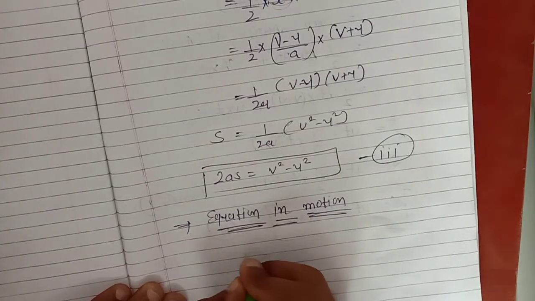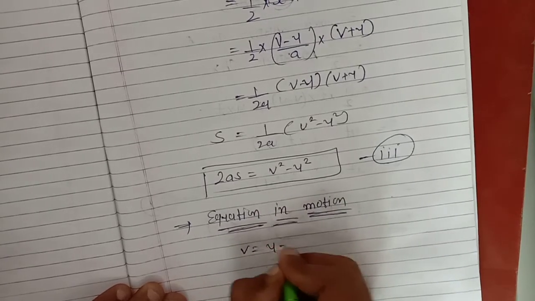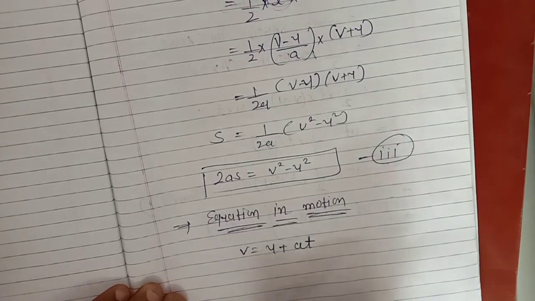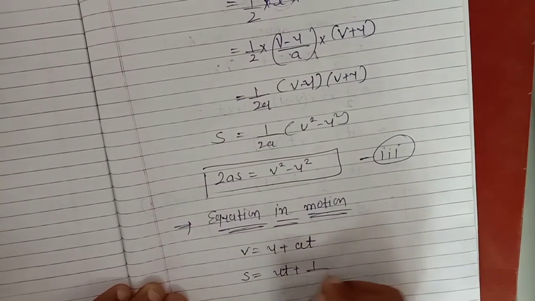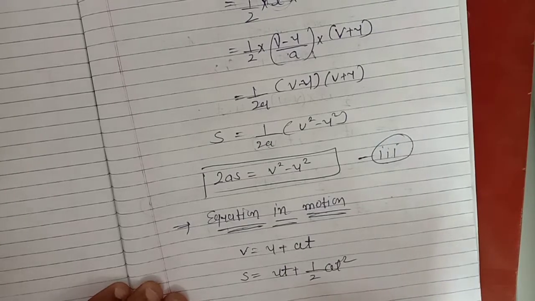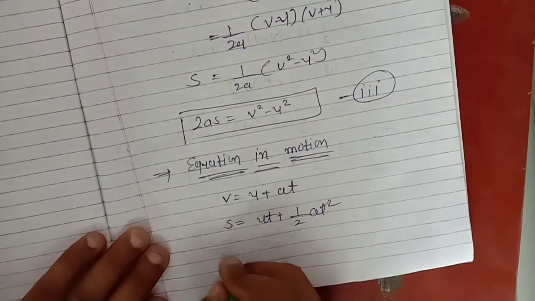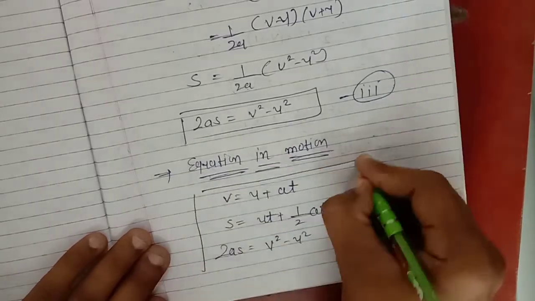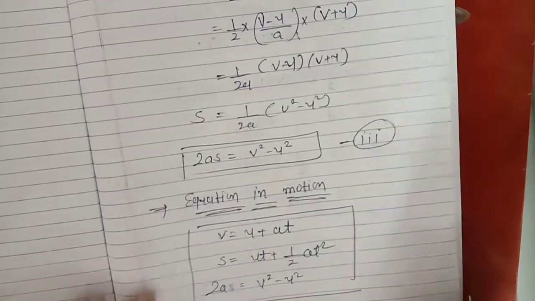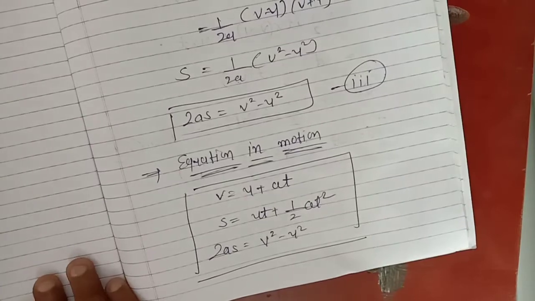First one: V is equal to U plus AT. Second: S is equal to UT plus 1/2 AT square. Third: twice AS is equal to V square minus U square. Note down these three formulas for solving examples.